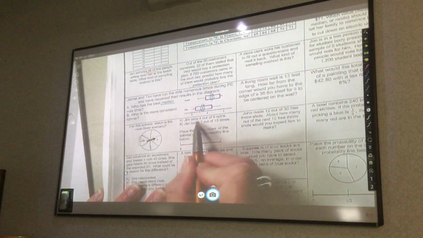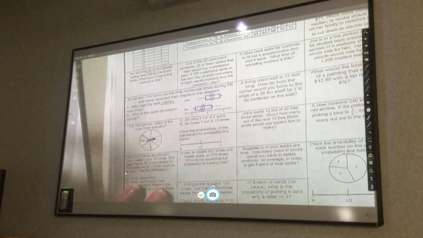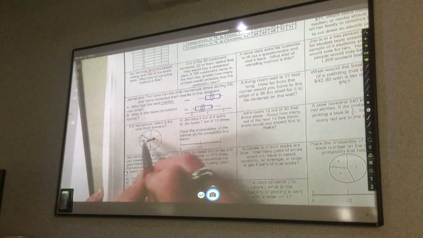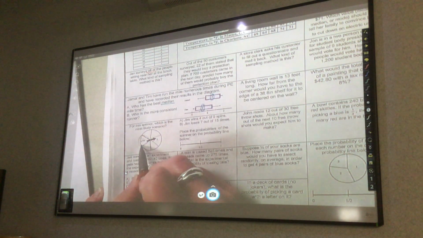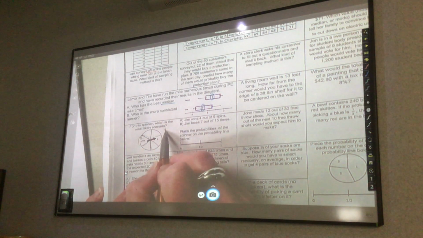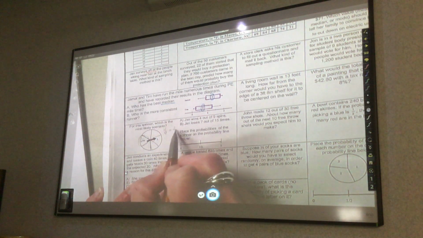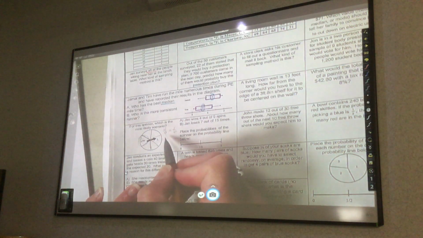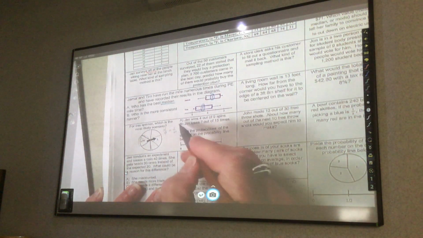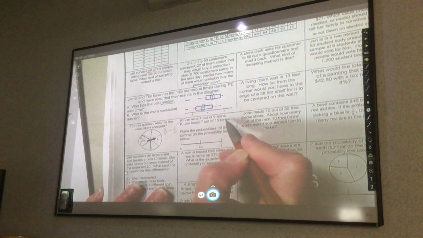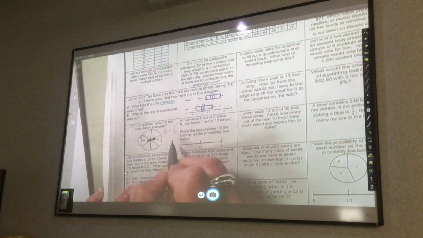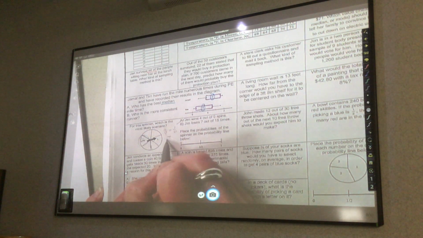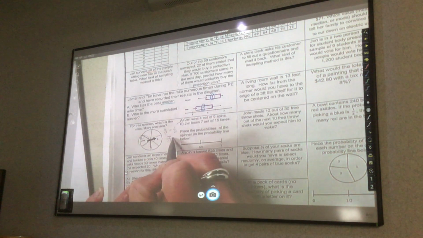So Jim wins 4 out of 9 spins. Well, he wins only 1 out of 6. So does 4 out of 9 equal 1 out of 6? No, 4/9 is greater than a half, right? So that's not gonna work. Jim loses 7 out of 15. Can he lose 7 out of 15? 7 out of 15 is about what?